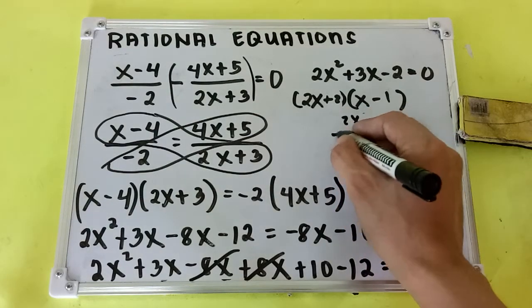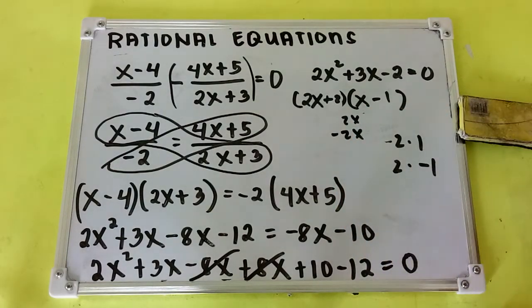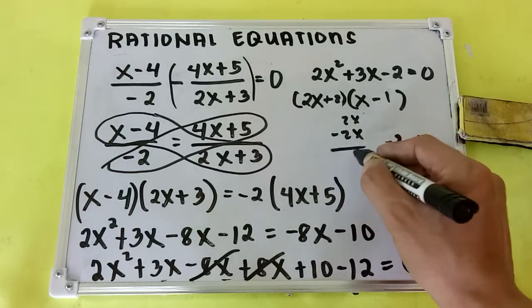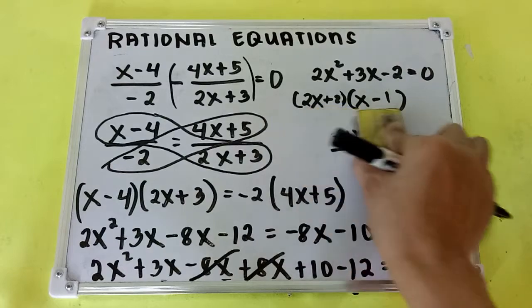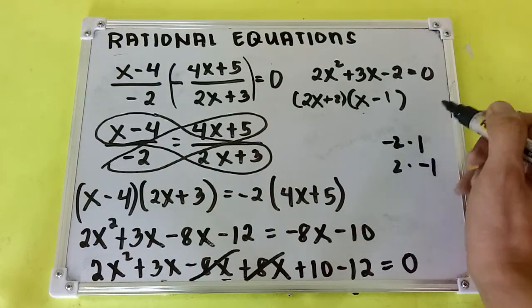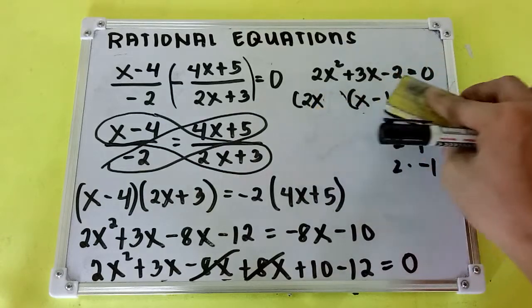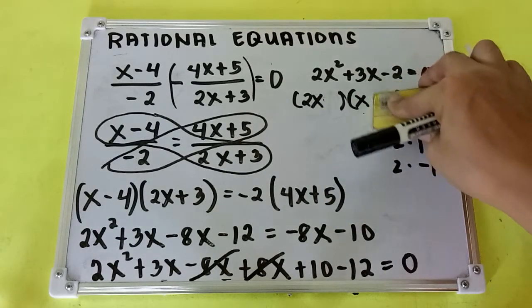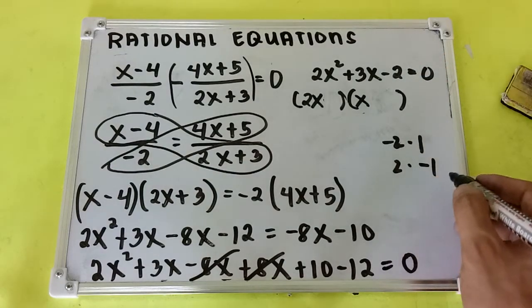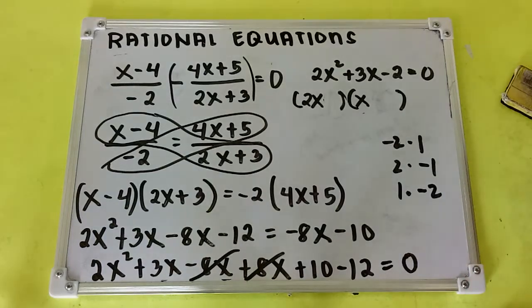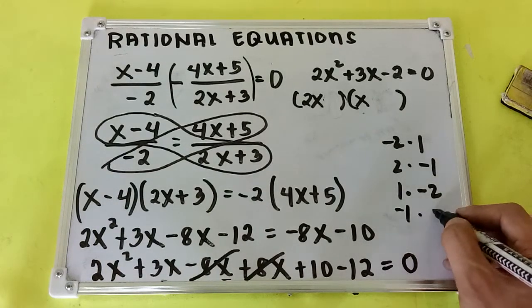So 2x, negative 2x. Hindi rin pwede, kasi 0 pa rin ang kakalabasan kapag inadd natin yan. Next. Dito naman natin ilagay si 1. So aside from this, pwede rin natin silang pagpalitin. Pwede rin 1 multiply by negative 2, or negative 1 multiply by positive 2.